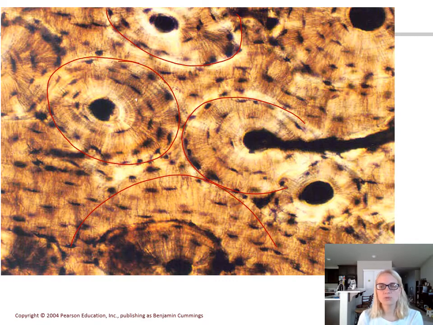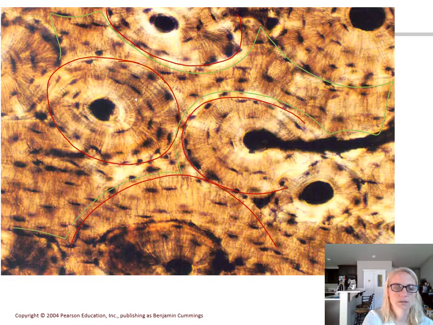Now I can also start highlighting our interstitial lamellae, right? The lamellae that don't quite fit into osteons. So all of this stuff that I highlighted green would be your interstitial lamellae. And this picture doesn't have the circumferential lamellae.